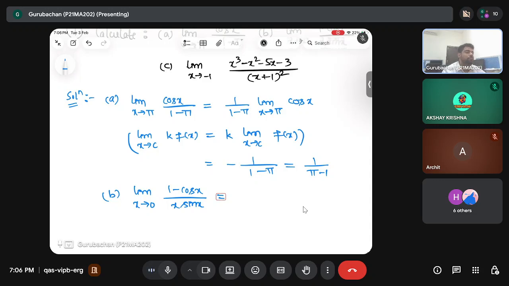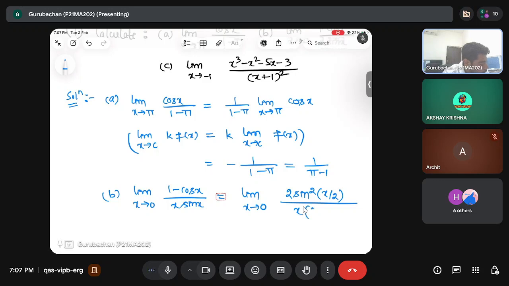You have to do some manipulation. So what is the identity of 1 minus cos x? 2 sine square x by 2. Yes. 2 sine square x by 2 divided by x. Since here it will become x by 2, you have to also break this sin x, right? Yes.